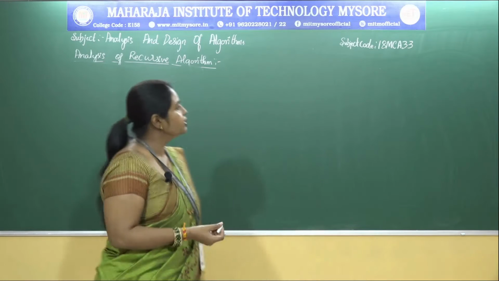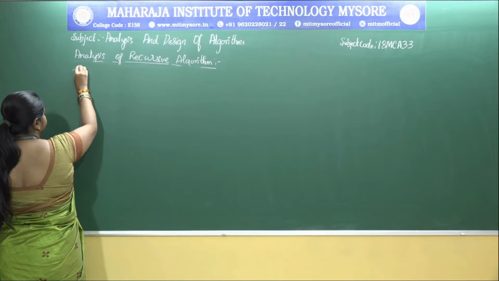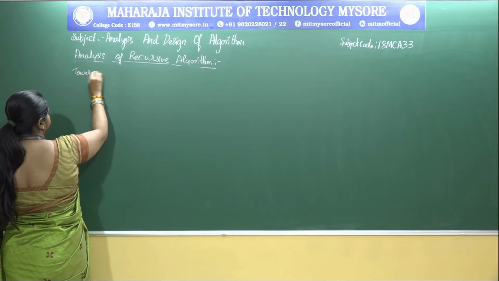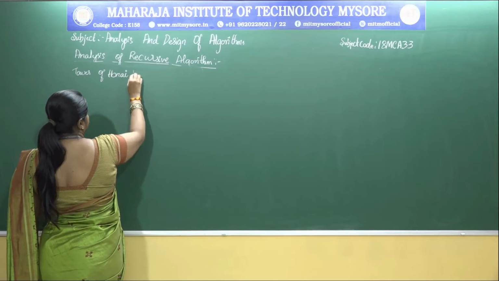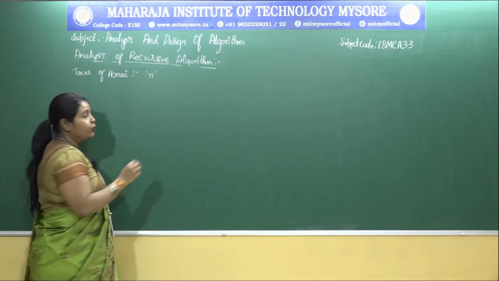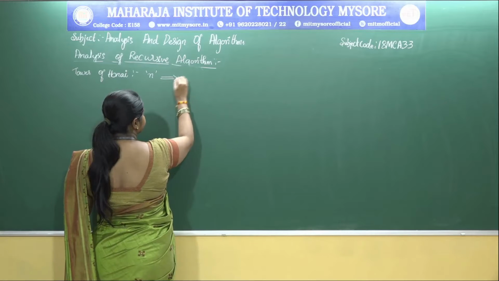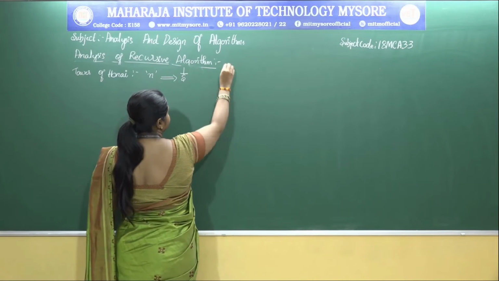So what is the problem? Tower of Hanoi. In the Tower of Hanoi we will be having n disks. We need to transfer all the n disks from the source needle to the destination needle.